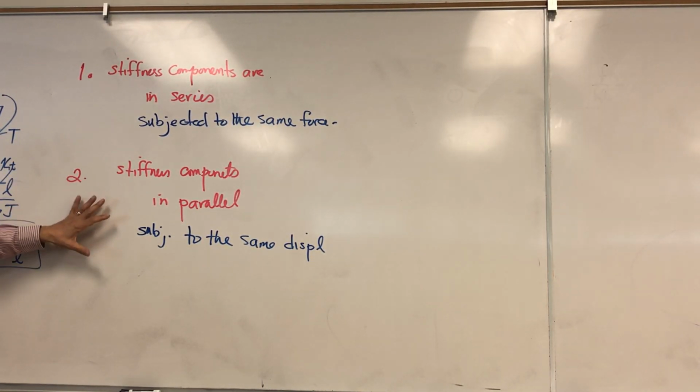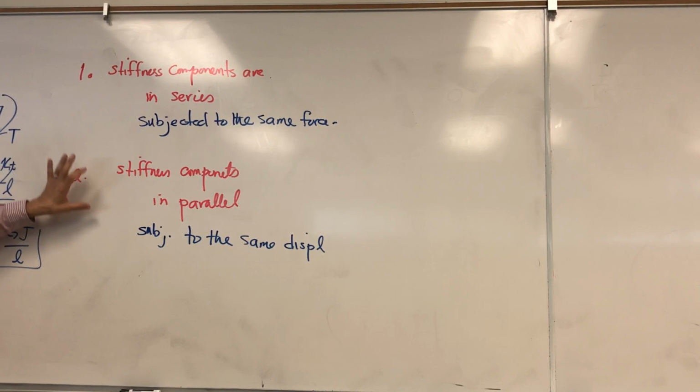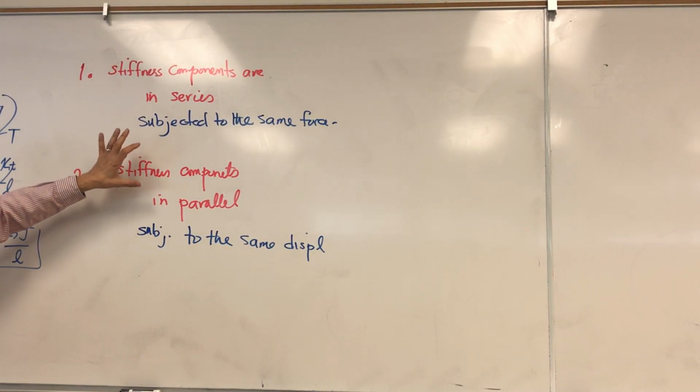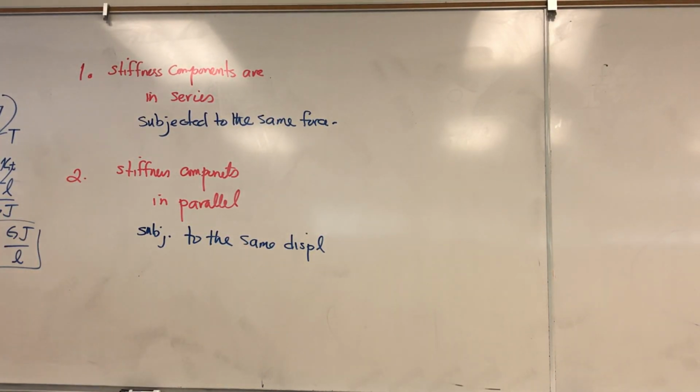So we're going to look at these and then see how they apply to a real case when we have a more complex structure. For instance, you have a building with all these columns and you want to replace this entire building with a single degree of freedom system. How do you find the equivalent single spring element, or the stiffness, that would do the same job as all these columns combined?